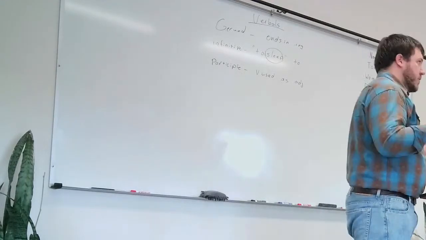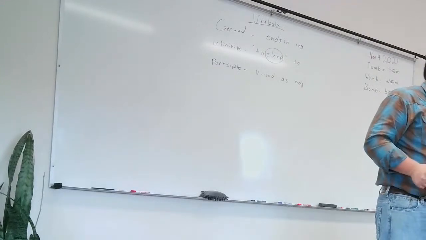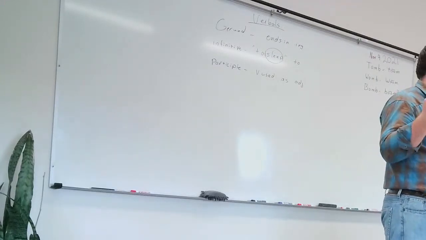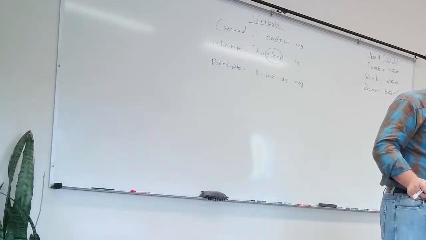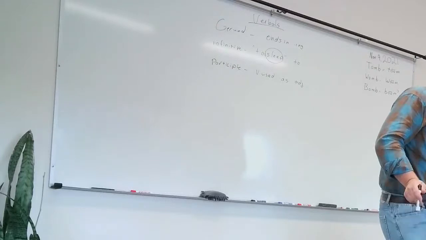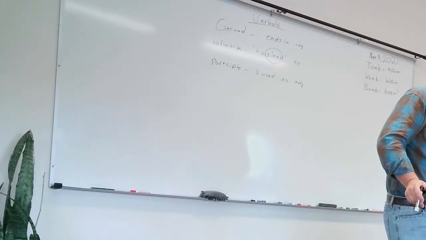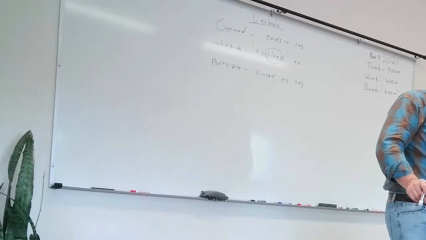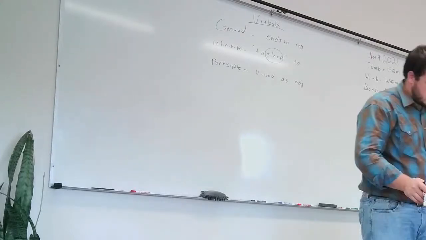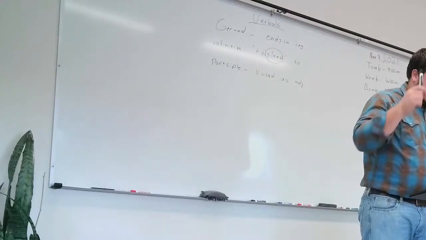What do participles tend to end in? -ing or -ed, yes. So what's the difference between a participle and a gerund then? One's used as a noun and the other one's used as an adjective. All right.